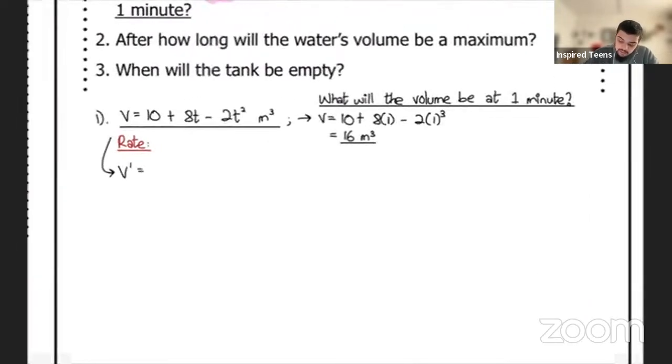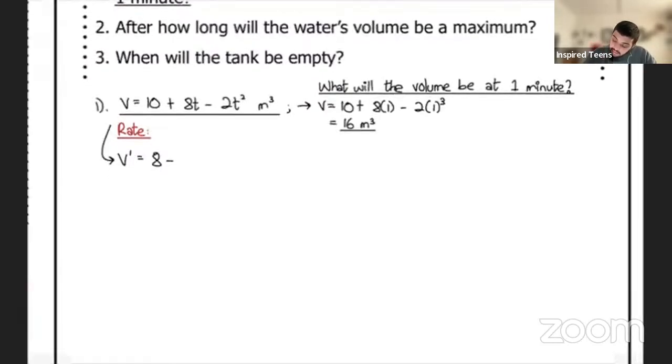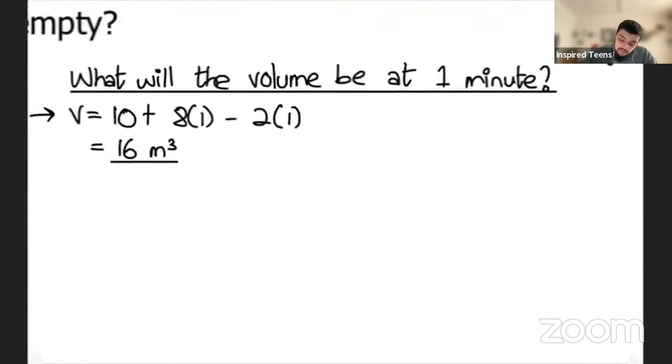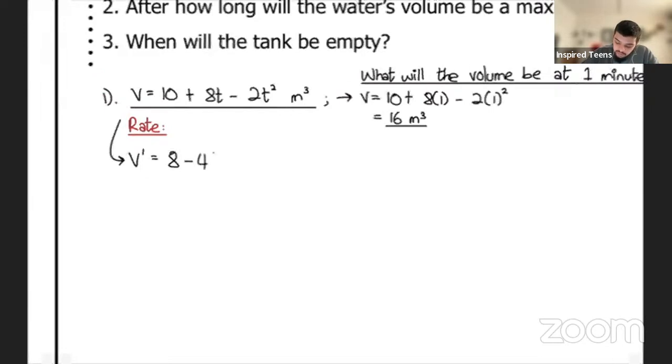So 10 disappears. We're left with 8 minus, is that cubed? Sorry, it's supposed to be squared. This is fine, doesn't change the answer, but squared. Okay, 8 minus 4t. That's the derived version of the equation.